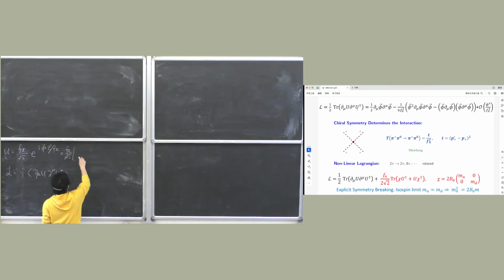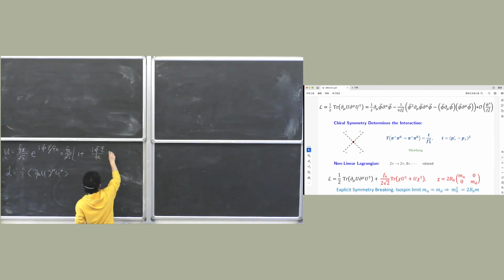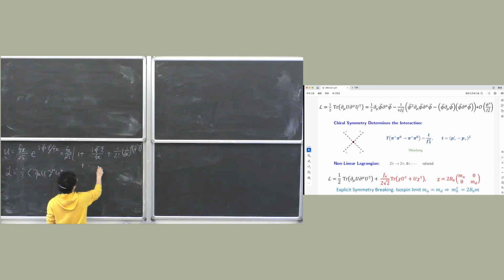So it's simple: 1 plus i phi dot tau over f pi plus 1 over 2 (i over f pi) squared, phi dot tau squared, and so on. Everyone knows it.